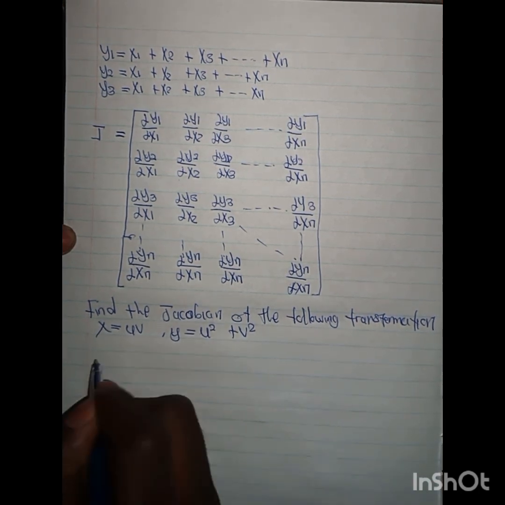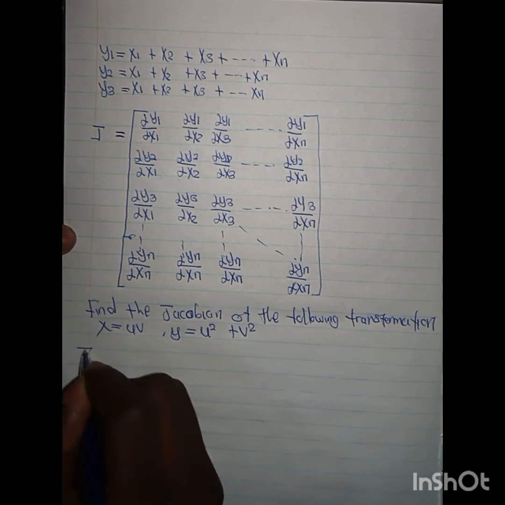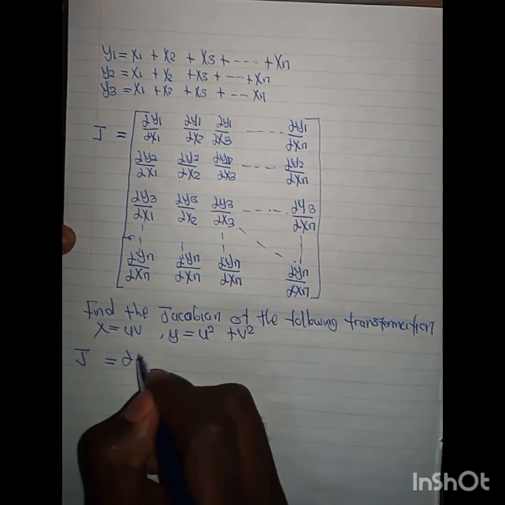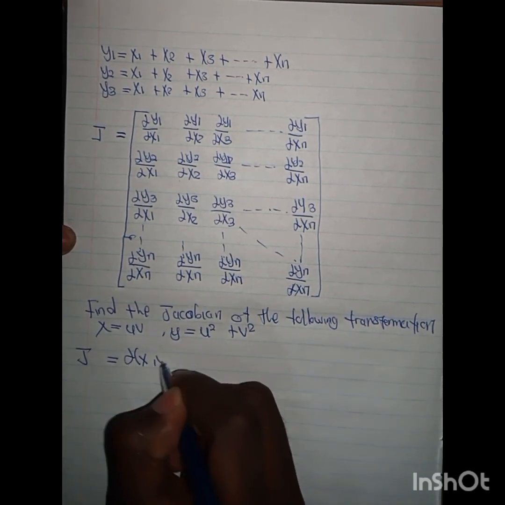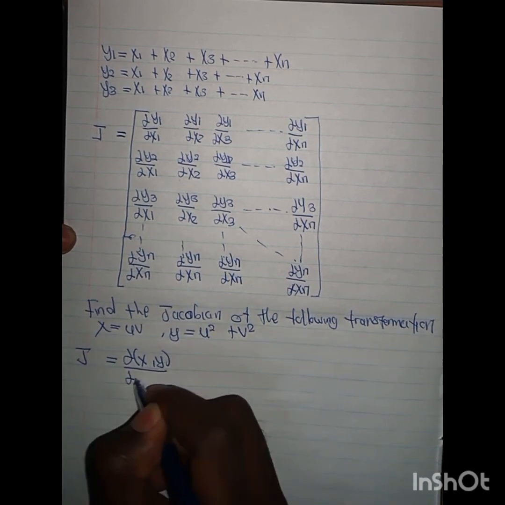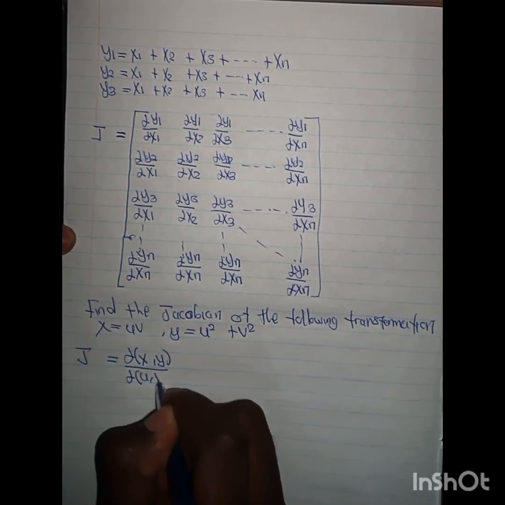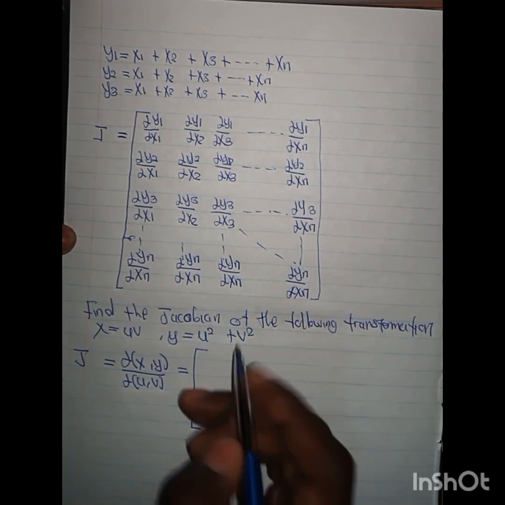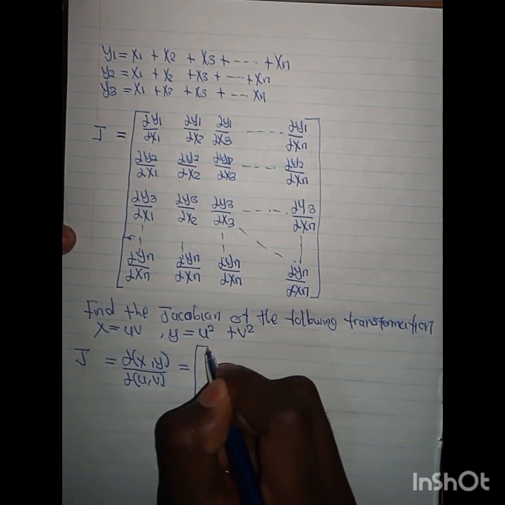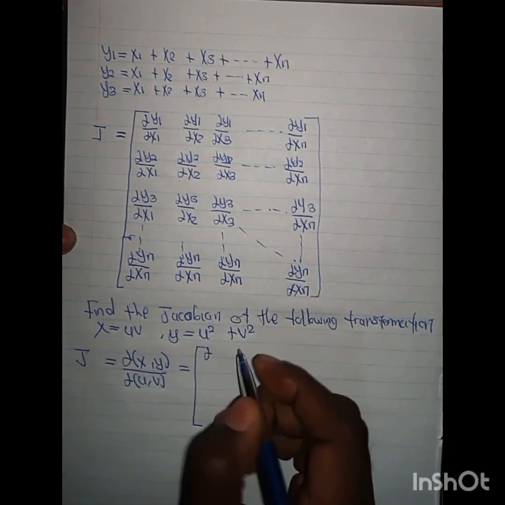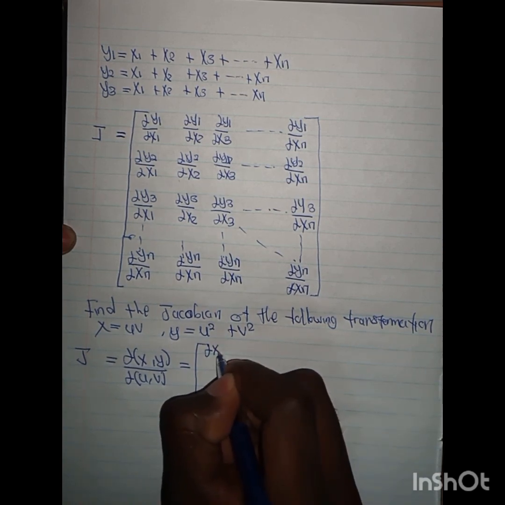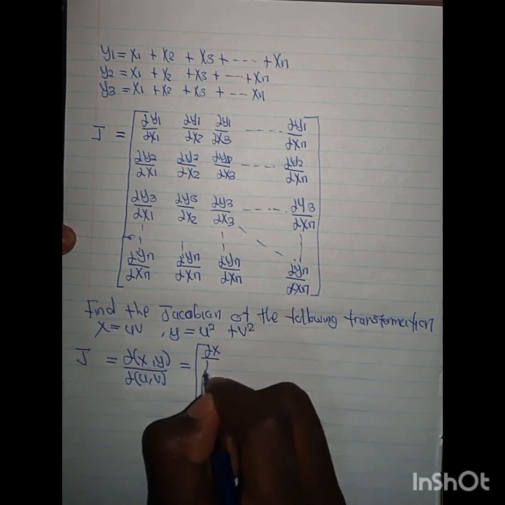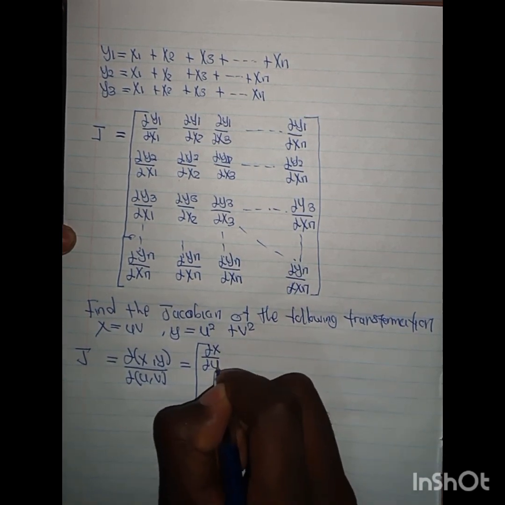First, we must find J such that the derivative of x and y over the derivative of u and v can be represented in the form of a matrix. In the first row, first column, we must have the derivative of the first function, x, with respect to the first variable, u, so it means we must have dx du.